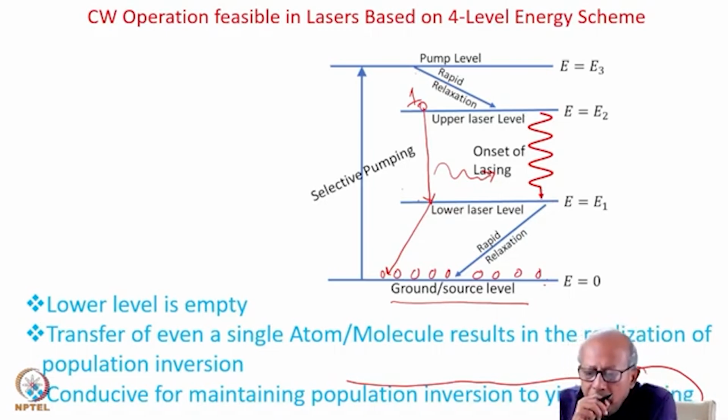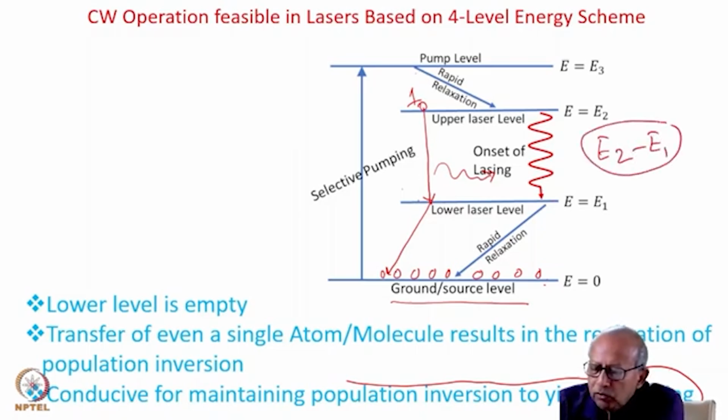You see, for extraction of a photon from this system, the photon that will be emitted from this transition will have an energy which will be E2 minus E1, right?